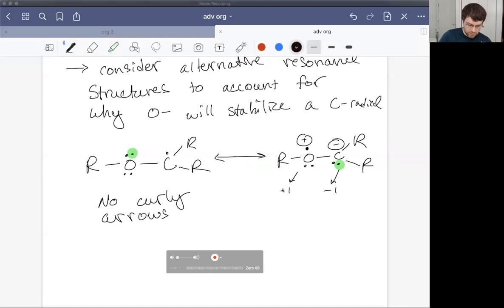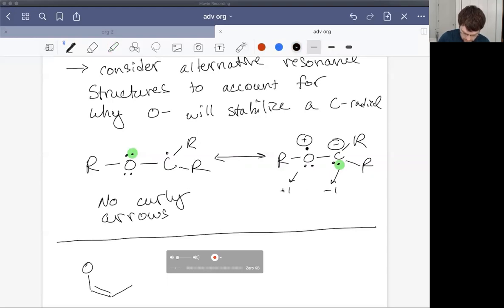But if we've got a double bond, maybe it gets easier. So let's say we've got this radical. I'm going to put an R group here. What happens if I put this radical next to a double bond, which is part of an alkene?